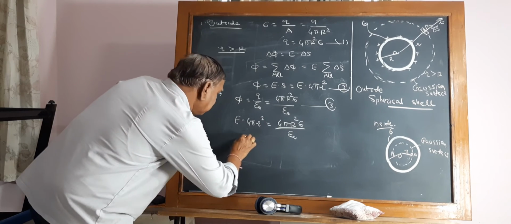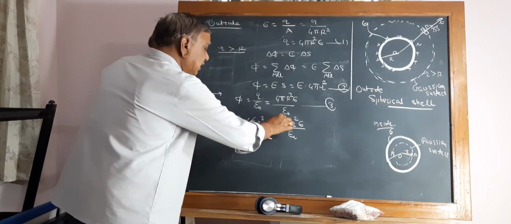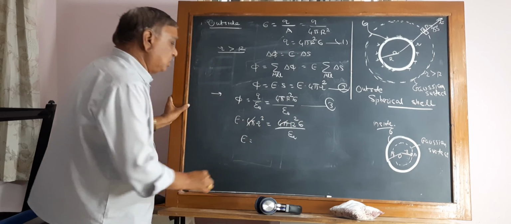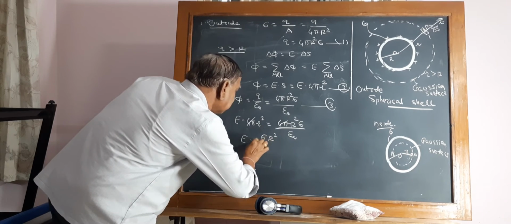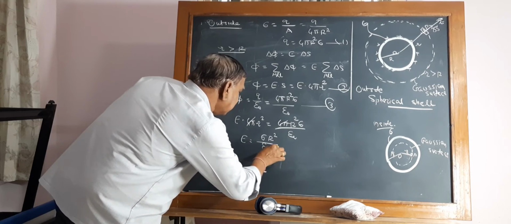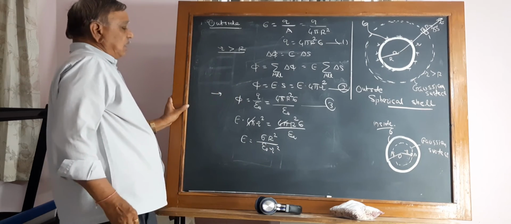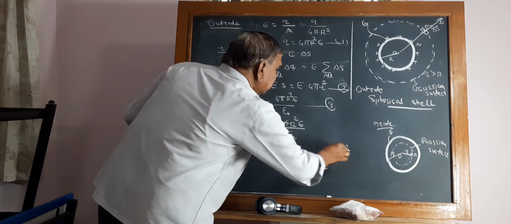So E will be equal to, 4 pi cancels, sigma R square by epsilon 0 r square, for r greater than R.